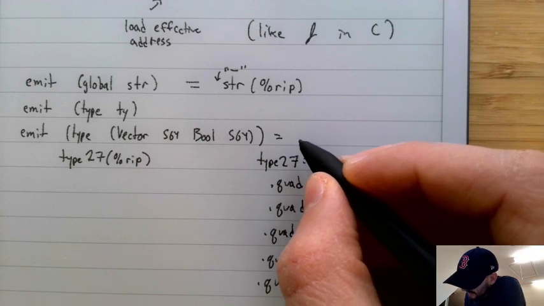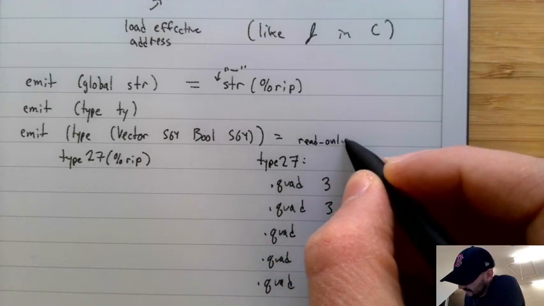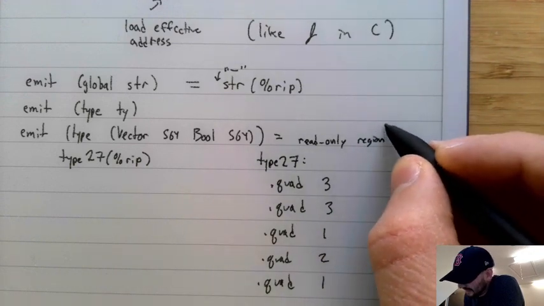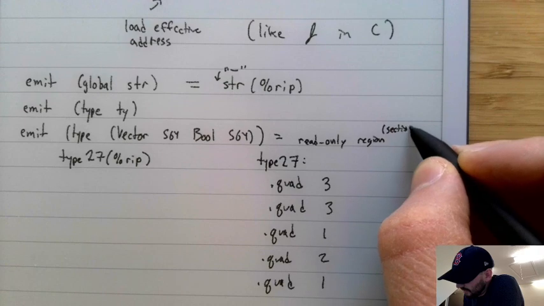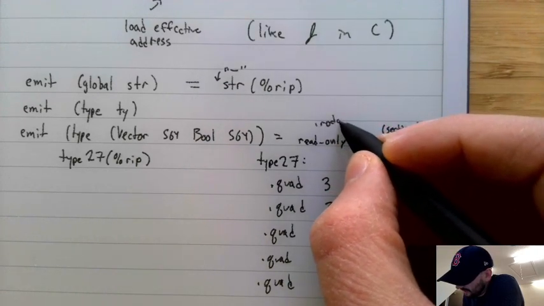And then all this stuff goes in the read-only region. It's actually called a section, before the code. It's called RO data.